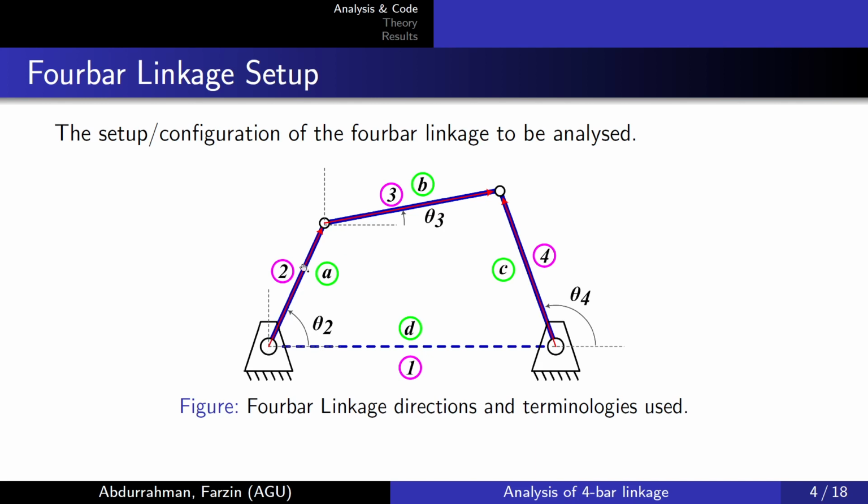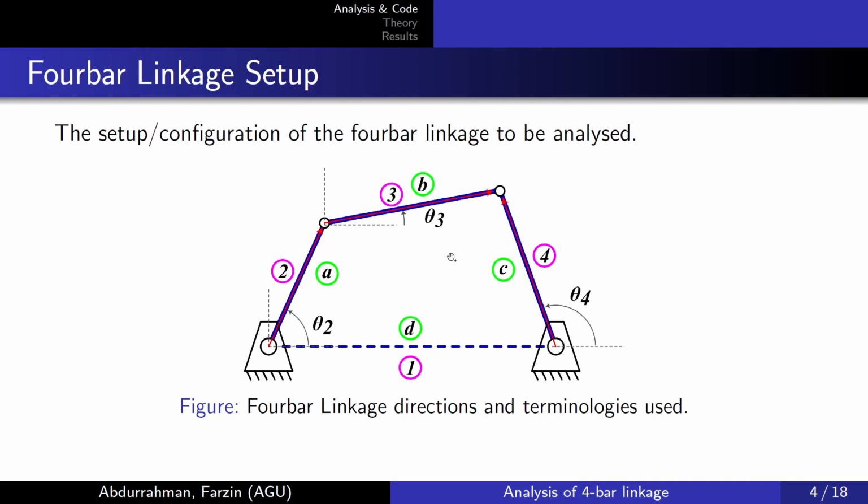Also, it's important to see the direction of the vector, where link 2 goes from the origin, the left anchor, to its end. Link 3 starts from the end of link 2 and goes to the right. Link 1 starts again from the left anchor, which I'll be using as the origin, and goes to the right. And link 4 starts from the anchor to the right and goes to its end.